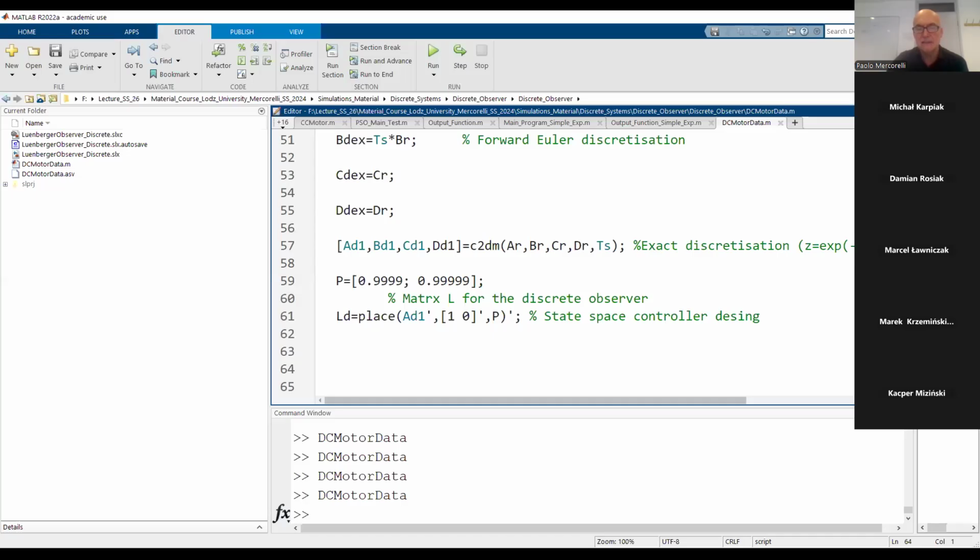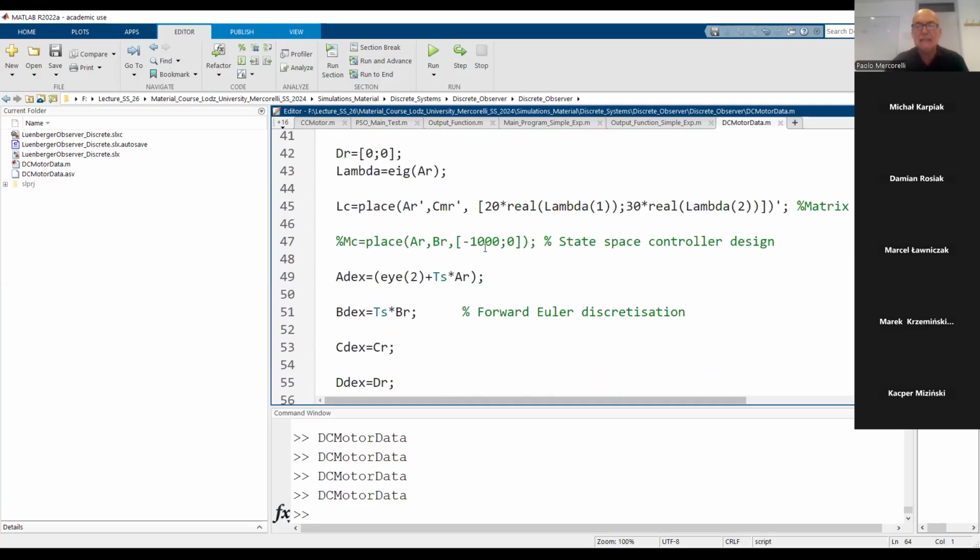Let me see if quickly I can do it for you. I had this example somewhere, but let me see here. Now the problem is I don't remember. Okay, let me try. It could be easy to show you at the beginning in continuous, and then I leave you an exercise at home for discrete.